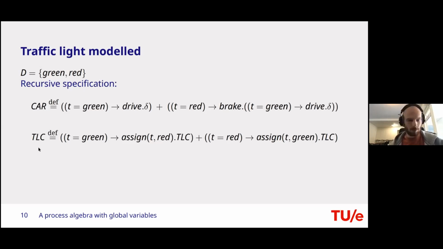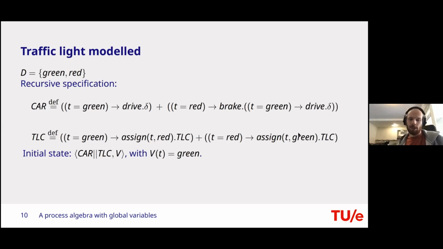The traffic light controller is even simpler. If the light is green, it can turn into red. If it's red, it can turn into green. So then the initial state is the parallel composition of the car and the traffic light controller with a valuation, and we can pick it to be green at the start.